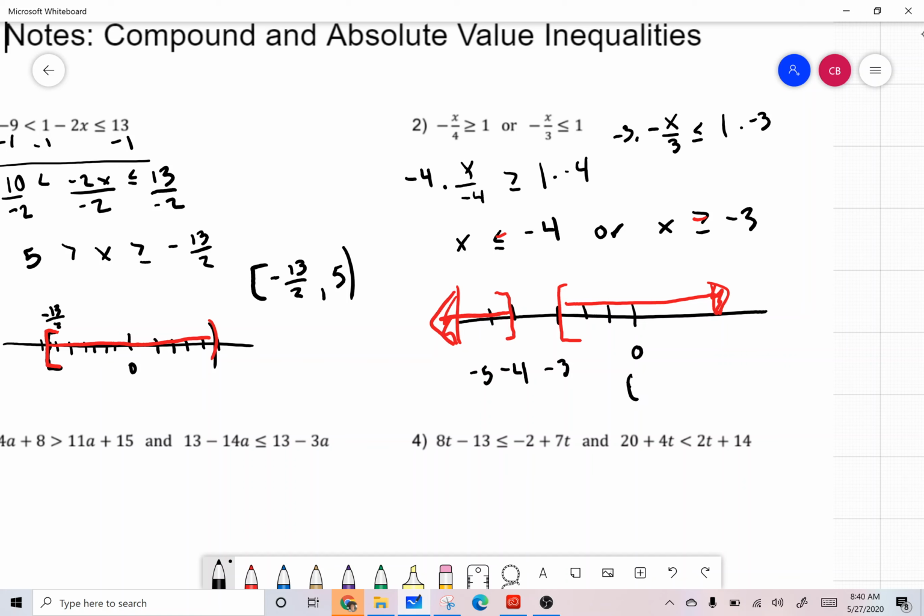So x is from negative infinity up until negative 4. But then we missed this part, so we're going to union it. And then we're going to start at negative 3 and go to infinity. So it's nothing new. You guys have done this before. That would be the domain of this. That would be a way to write it.